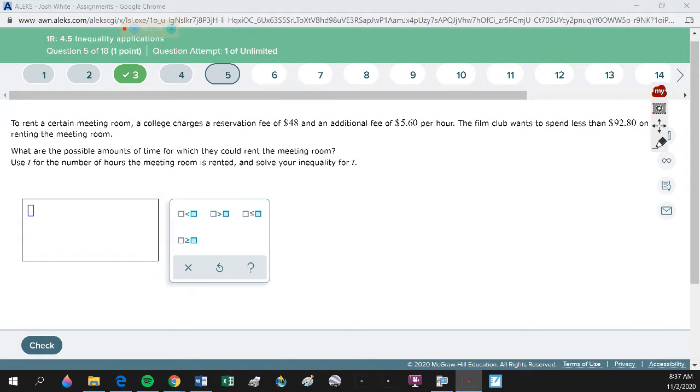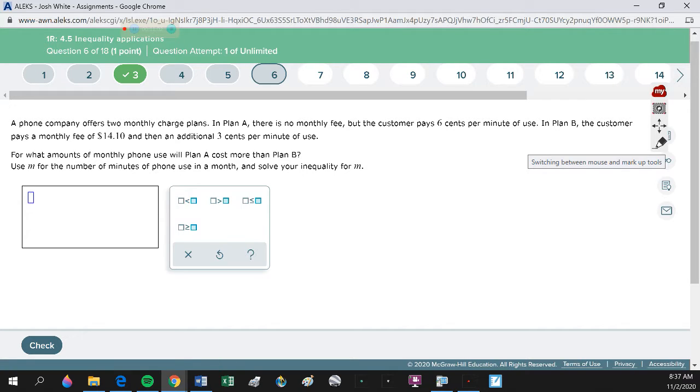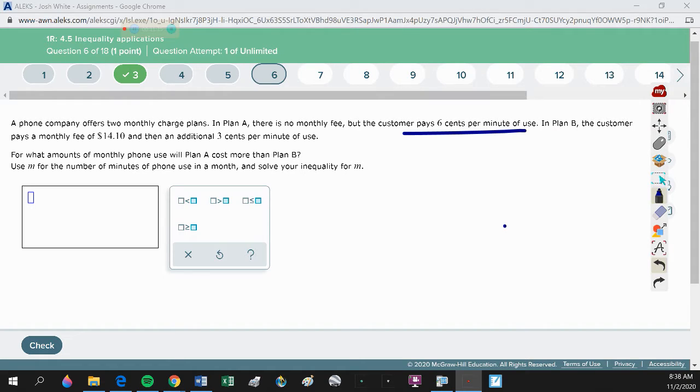Okay, last one. A phone company offers 2 monthly charge plans. In Plan A, there's no monthly fee, but the customers pay 6 cents per minute. In Plan B, the customer pays a monthly fee of $14.10 and then 3 cents per minute. Which phone plan would you choose? Well, it kind of depends, right? So this one has a higher rate, and this one has a lower rate.